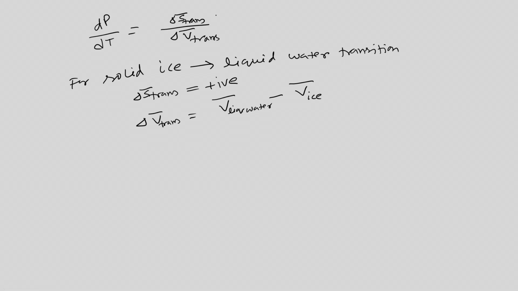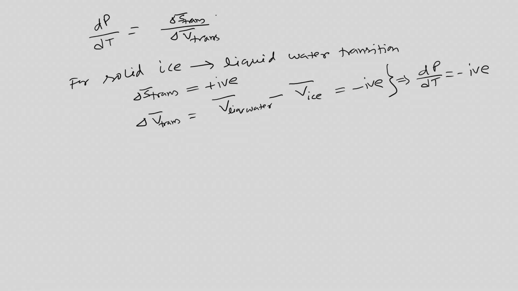Now, molar volume of ice is higher than molar volume of liquid water. So, this gives you a negative quantity. So, these two conditions imply that dP by dT is negative. Fine. Okay.